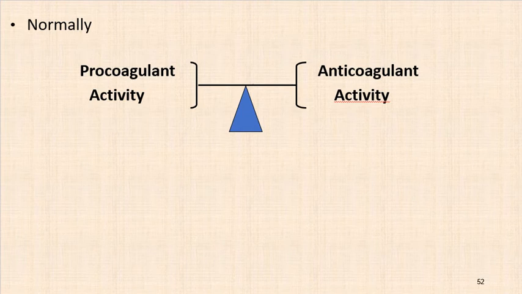normally a balance is maintained between procoagulant activity and anticoagulant activity. About procoagulant activity, we know that this is the activity, phenomena, situations, and substances which try to make the clot when the vessels are severed, when injury occurs, to stop bleeding from the severed vessels.